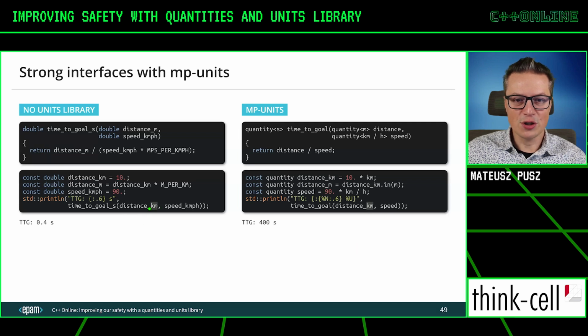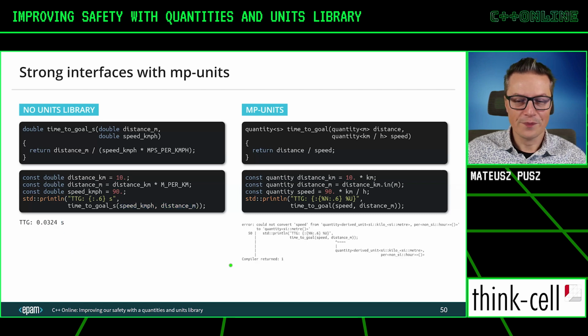Another possibility is that you will replace the order of arguments. And again, you get some value and a compile time error from the library, right? Could not convert speed from quantity with the right unit of kilometers per hour to quantity of meters. It provides the information that speed cannot be assigned to a quantity of meters here.